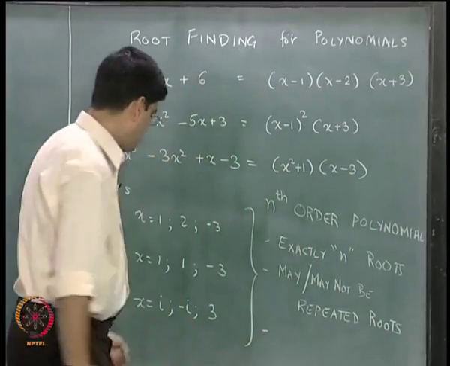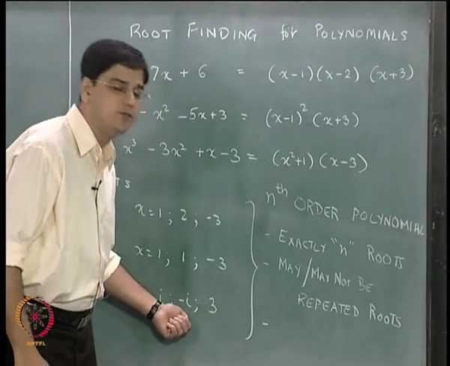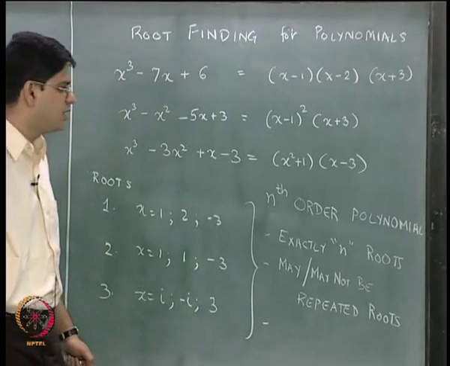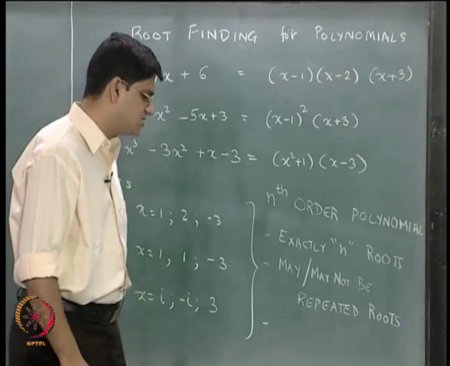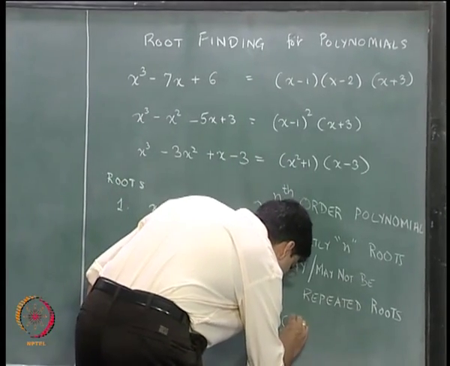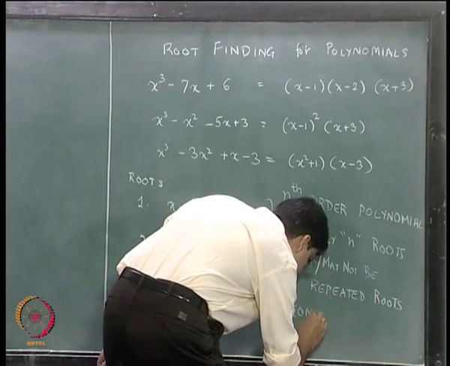The final point is that the roots could be complex numbers as well. In this particular case we get a purely imaginary number, in some other cases we might get complex numbers also. So the third point is that complex roots are possible.